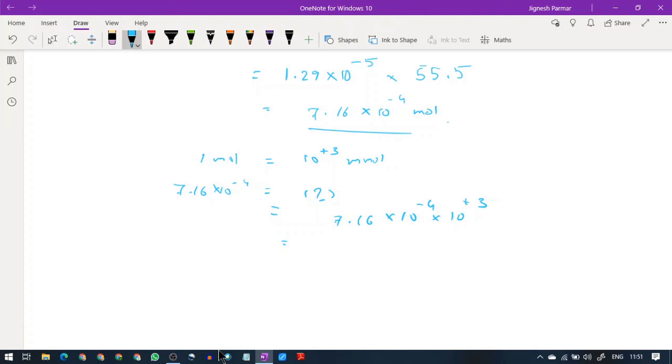So what is the answer? The answer is 7.16 into 10 to the power minus 1, so the answer is 0.716 millimole. So guys, the same way you have to do the examples given in text questions 2.6 and 2.7.